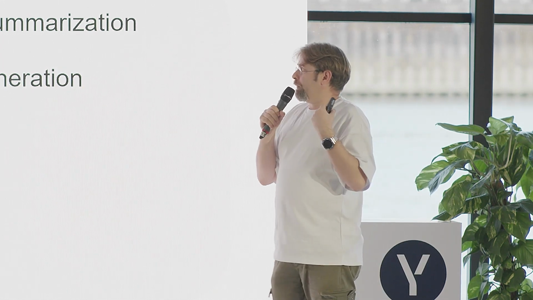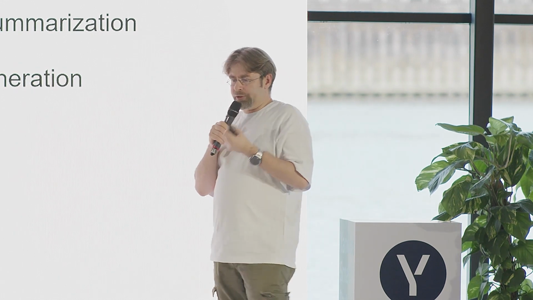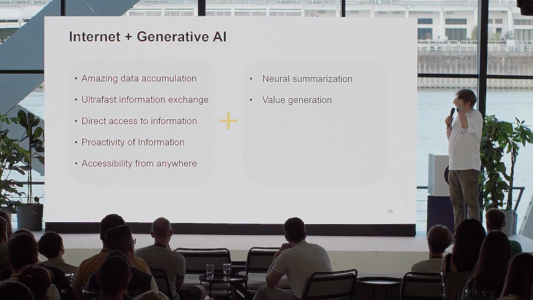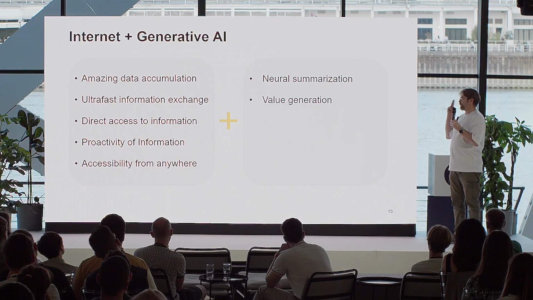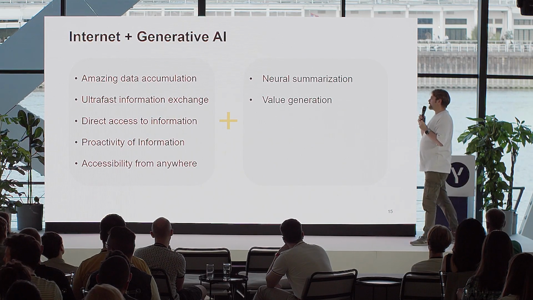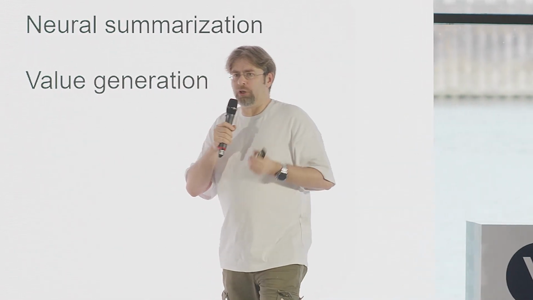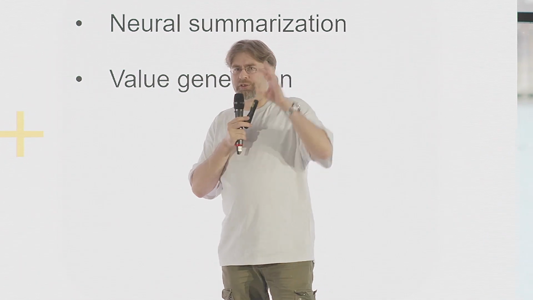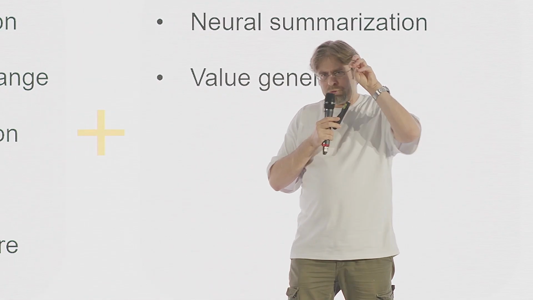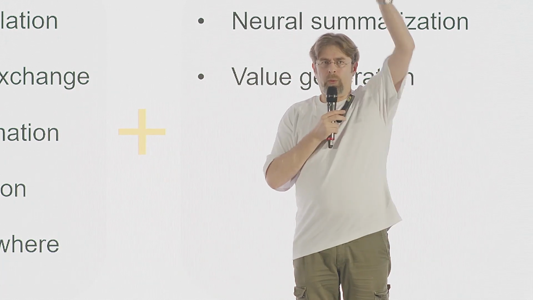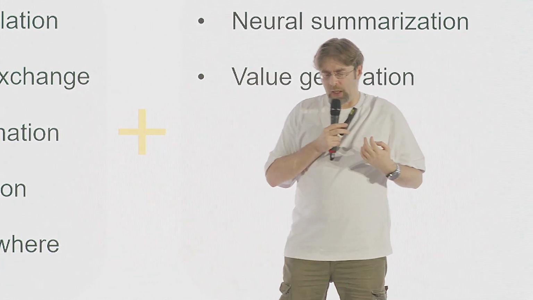What can generative AI add to the internet? We can have very many ideas, but I would like to talk about two. The first one is neural summarization. Neural summarization extracts very short information, the essence, from a very, very long text.